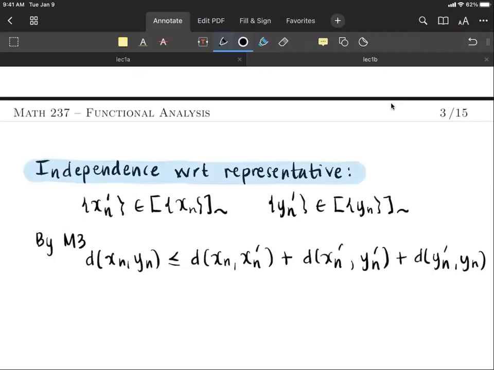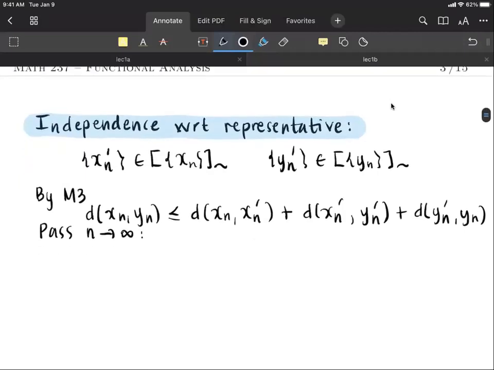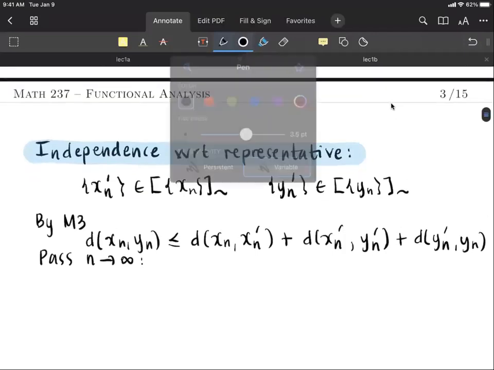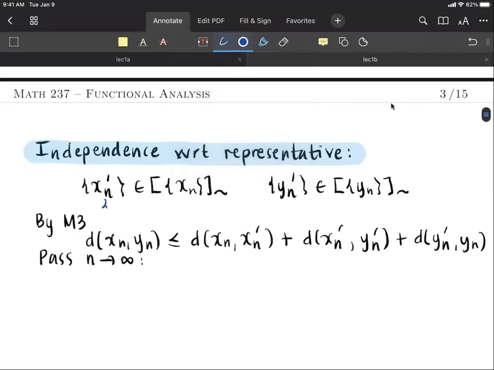Now if we pass to the limit n to infinity, what we would get is the following. By definition, xn prime is related to xn, so this goes to 0 as n goes to infinity.